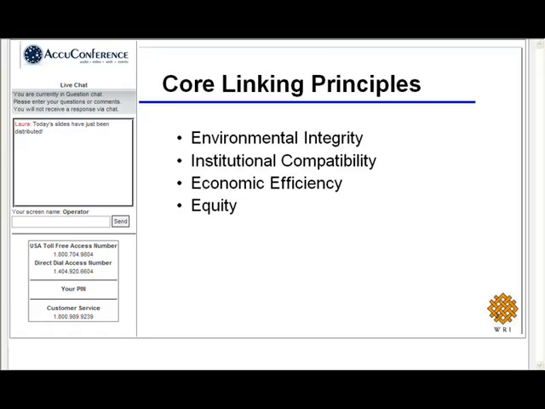Third principle, economic efficiency. I think probably the primary rationale, certainly if you ask an economist, for linking trading systems together is economic efficiency. In other words, you'll be able to take advantage of opportunities for lower cost emission reductions.